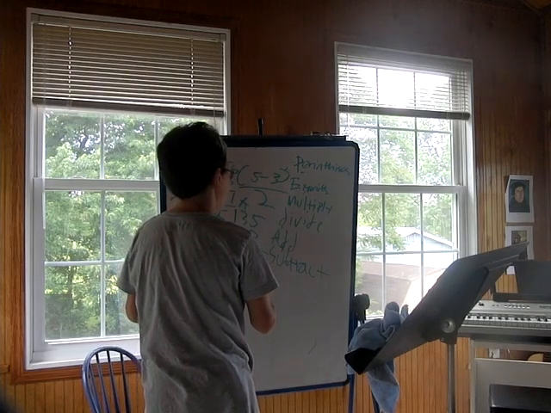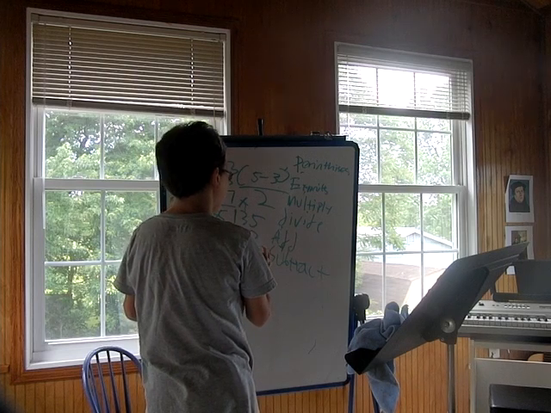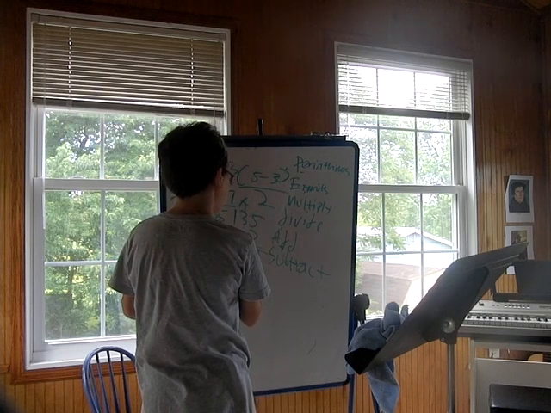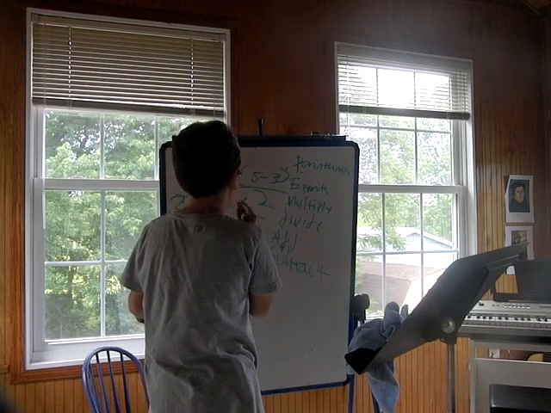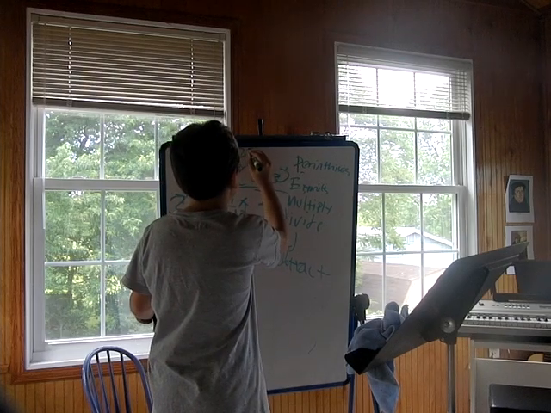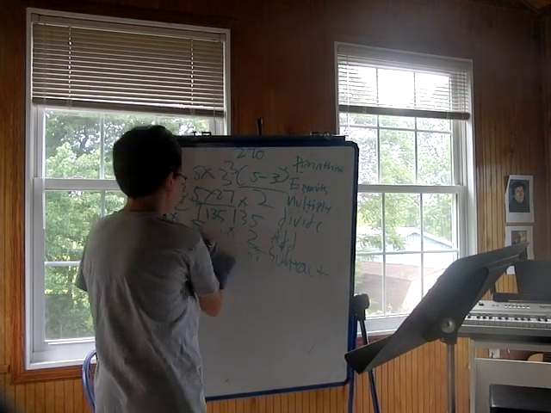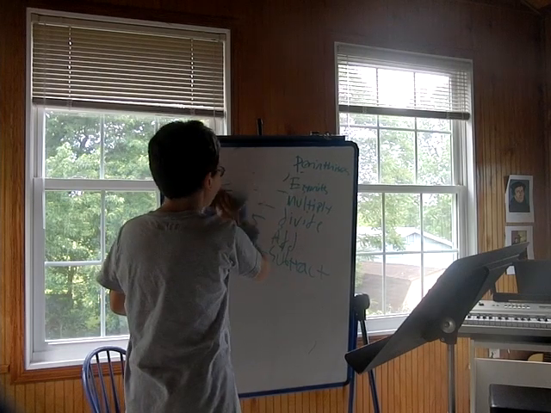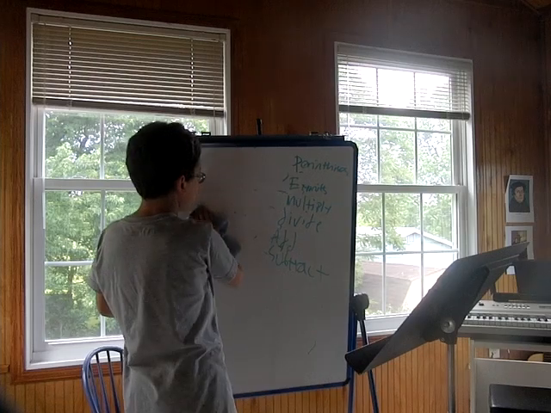So 5 times 2 is 10. 3 times 2 is 6. Plus 1 is 7. And then 2. So 270 would be the answer to that one. So that is how we use exponents in the problems.